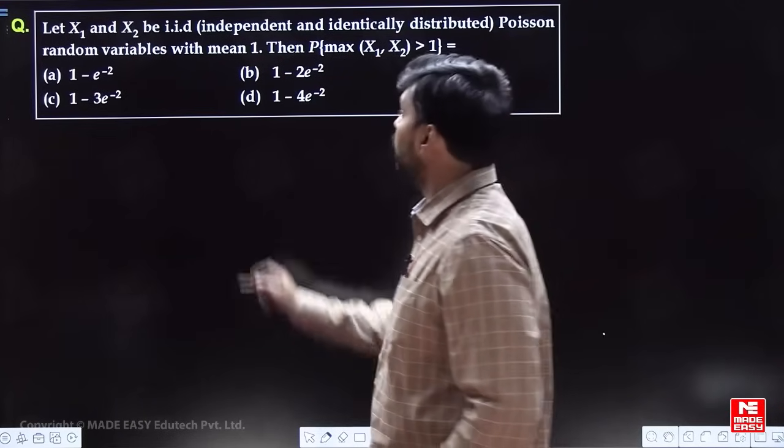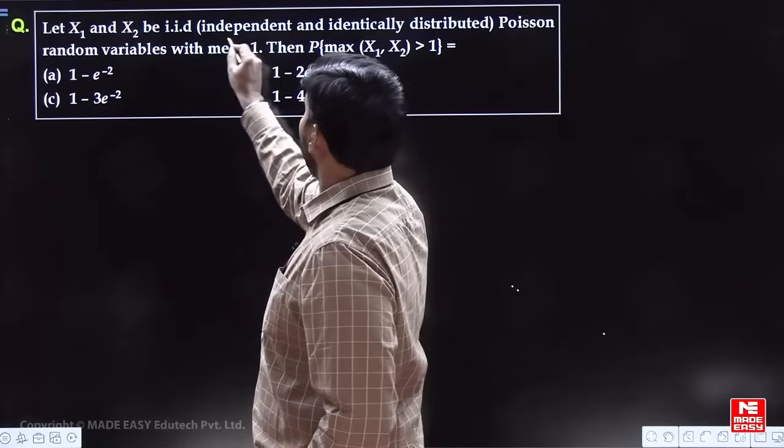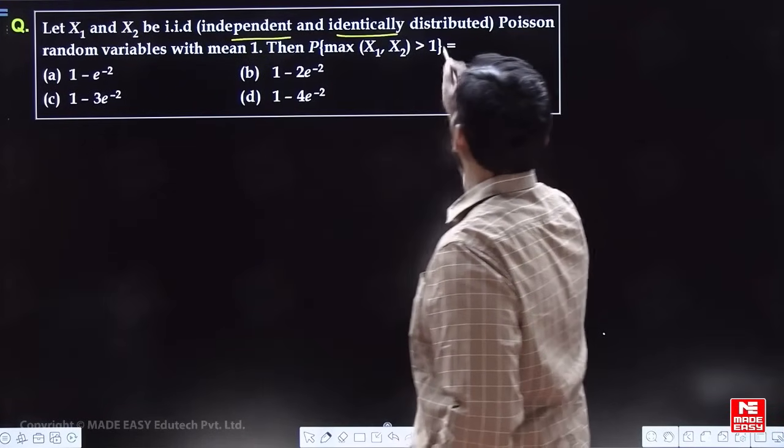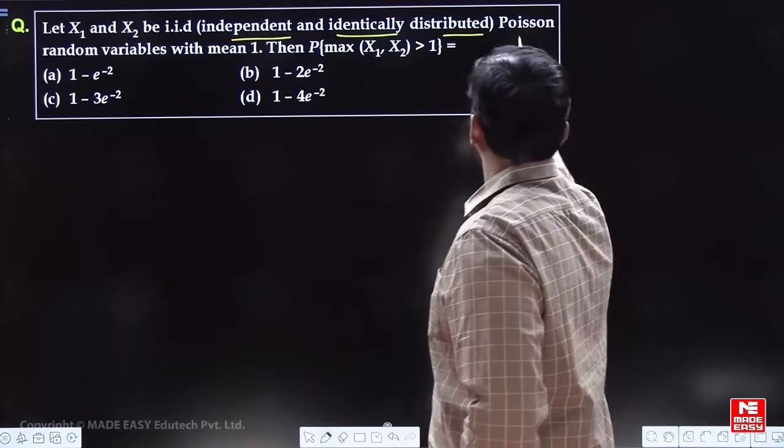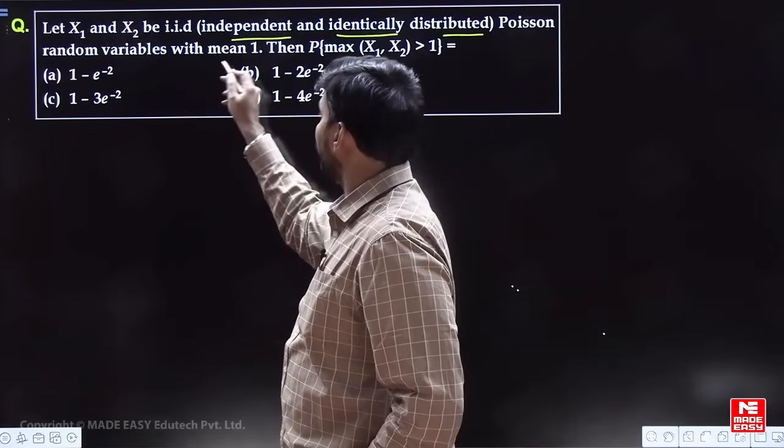Here he said that x1 and x2 are independent and identically distributed Poisson random variables with mean 1.